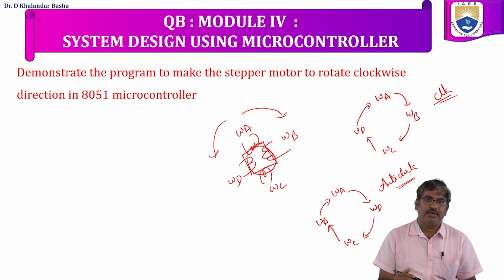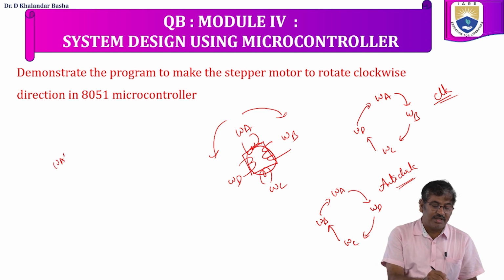At a point, we can excite either only one winding or 2 windings. Here we are exciting only one winding at a time, but we can also go for exciting 2 windings at a time.